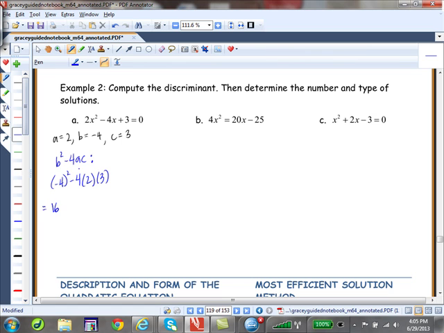That is 16 minus 24, which is negative 8. So we're going to get two imaginary solutions.